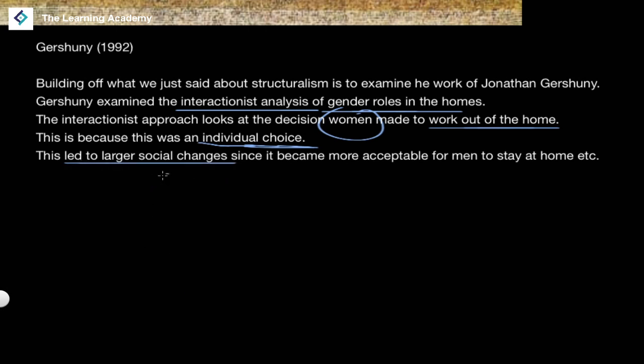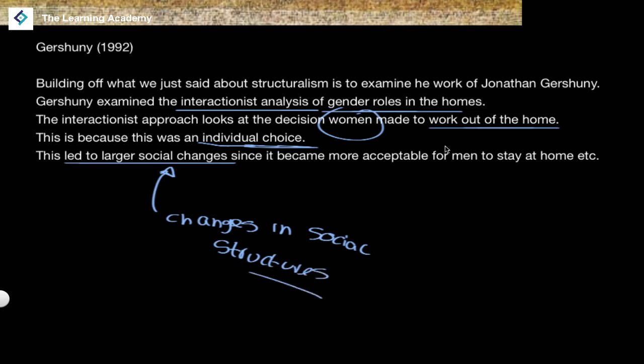So changes in social structures, in broader social structures, and because it became more acceptable for men to stay at home, etc. So we have this way in which a broad trend of individual choices begins to inform the wider range of sociological structures. So the sociological structure is informed by individual choices.